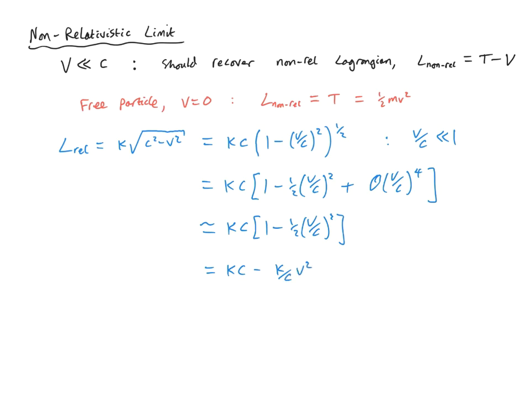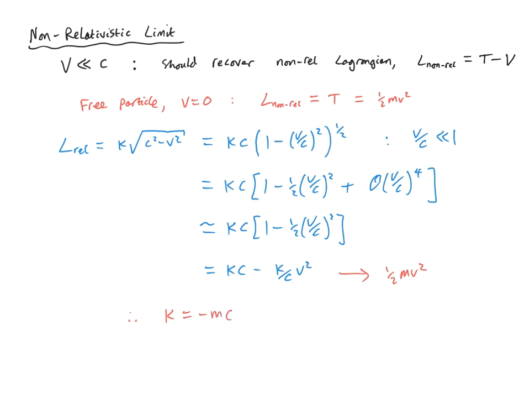And this quantity here is supposed to be equal to a half mv squared. And that actually tells us what this constant k is. It tells us that this constant k must be equal to minus mc.